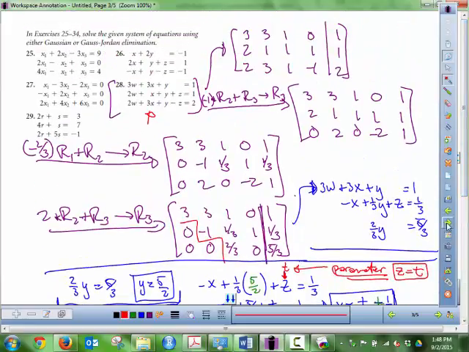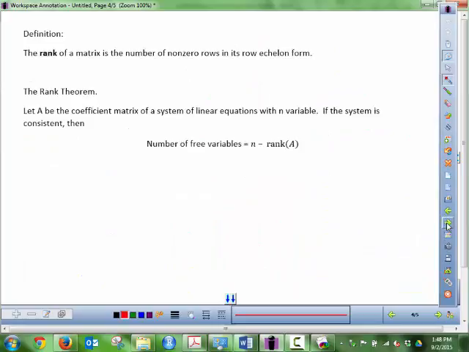All right. So a couple of definitions, or one definition and a theorem that comes up here, is called rank of a matrix. We actually should have done the other problem to make this a little bit more interesting, but we did this one. So the rank of a matrix is the number of non-zero rows it has in its row echelon form. So if you reduce everything into row echelon form, then you get your rank.